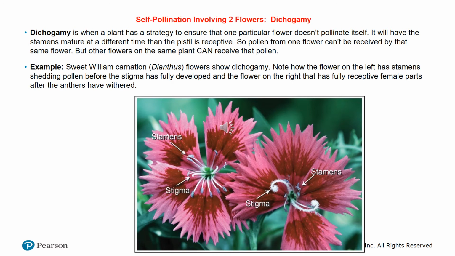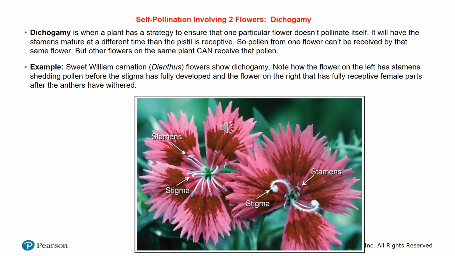Another way to ensure that the flower doesn't self-fertilize is this process called dichogamy, and that is the plant has this strategy where the flower cannot pollinate itself. The stamens that produce the pollen, the male part, and the pistil that receives the pollen and produces the eggs, they're receptive at different times.